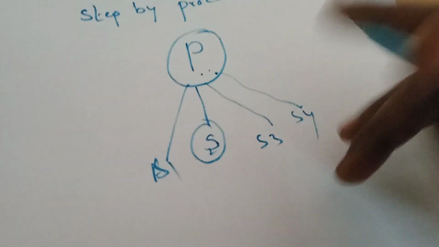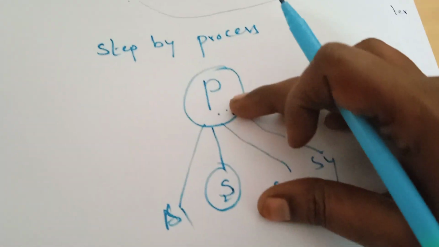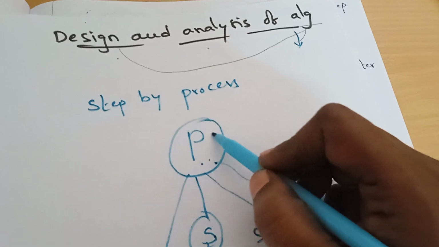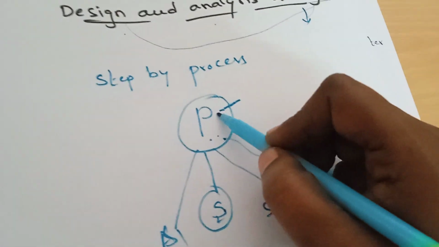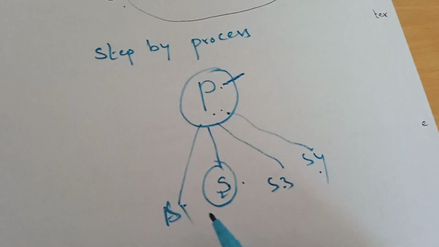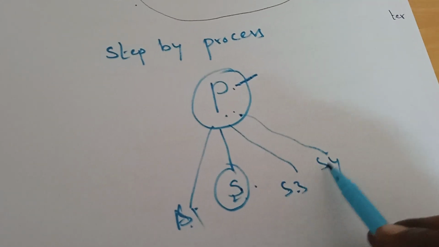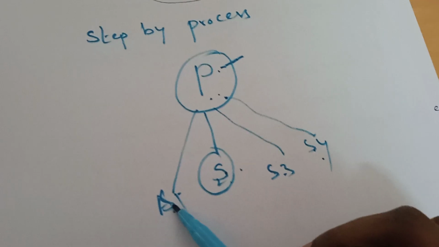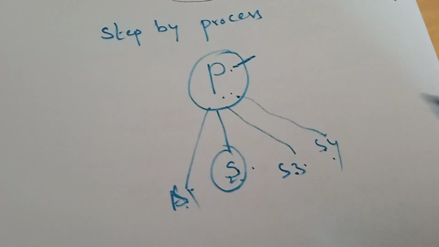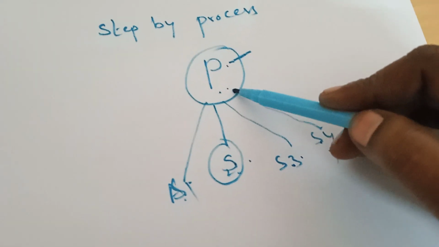Now understand this in terms of the subject matter. Assume this is your problem. For the problem you are writing these many algorithms. We designed algorithms, now you have to analyze each algorithm to see which is the best solution for the problem.